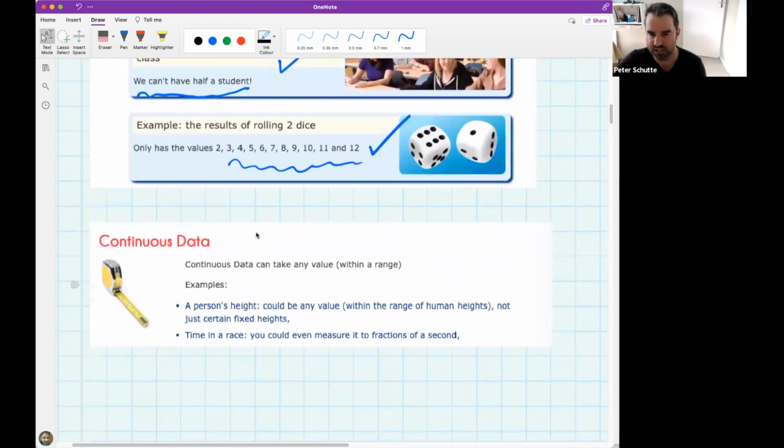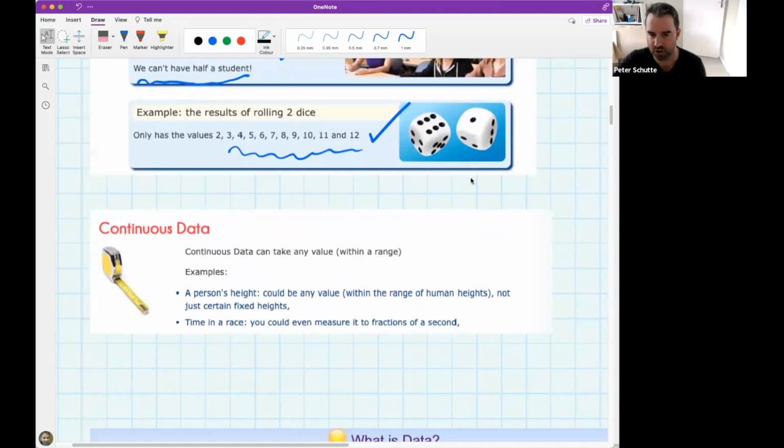Now, what about continuous data? Continuous data can take on any value within a range. For example, a person's height can be any value within the range of human heights, not just certain fixed heights.